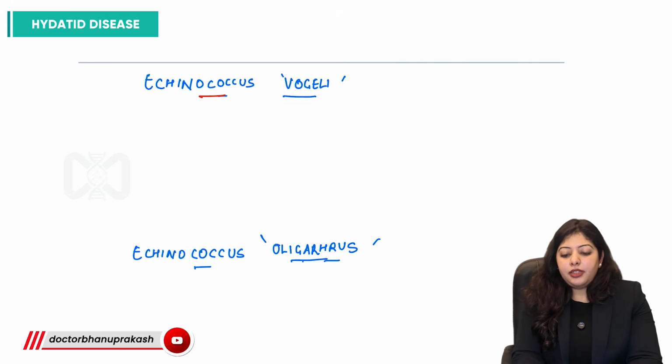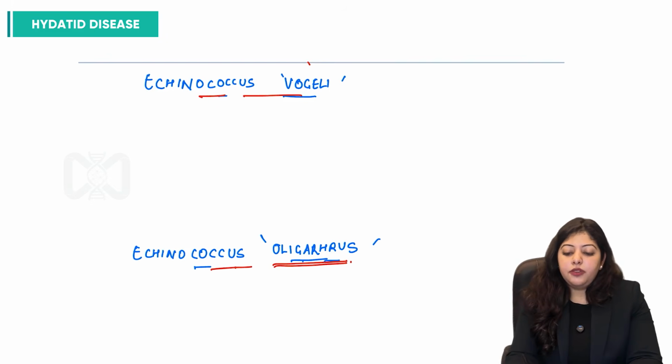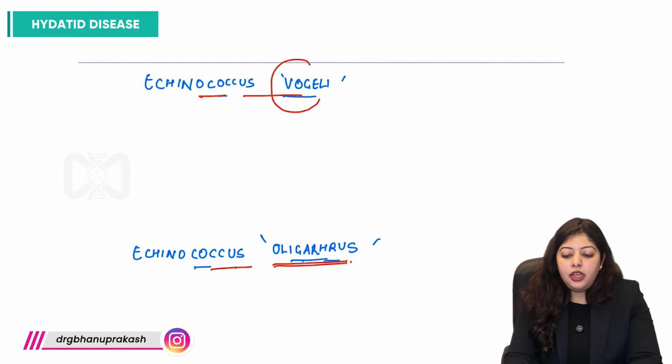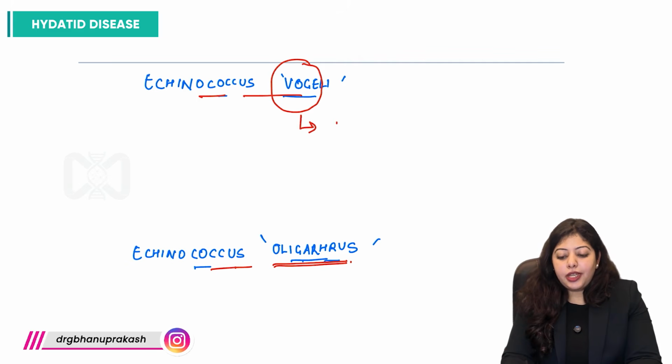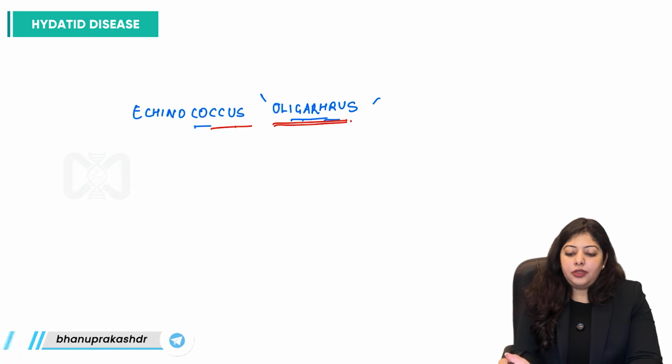Coming to these very less important species which are not associated with human beings, but if asked, what is Echinococcus vogeli? It sounds similar to poly. So this will be responsible for polycystic hydatid disease, right? And Echinococcus oligarthrus, olig means one.